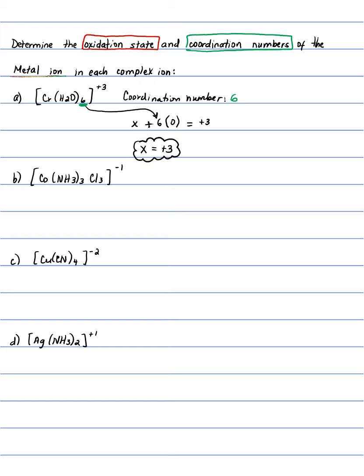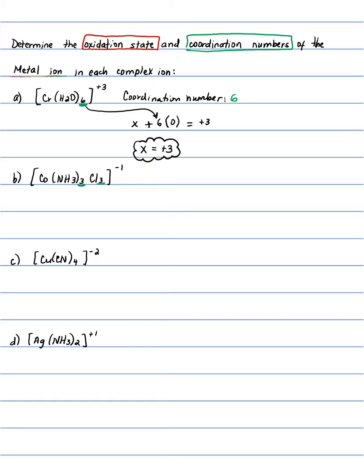So again, I'm going to start writing my equation to find out, let's find the coordination number first. Coordination number, you have your cobalt and you have bonded to that cobalt 3 ammonias and 3 chlorides.